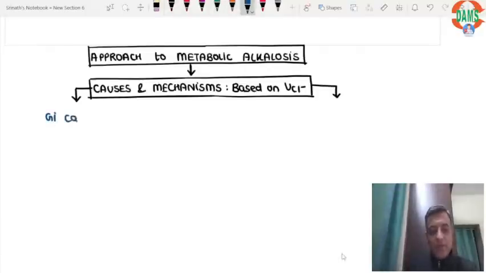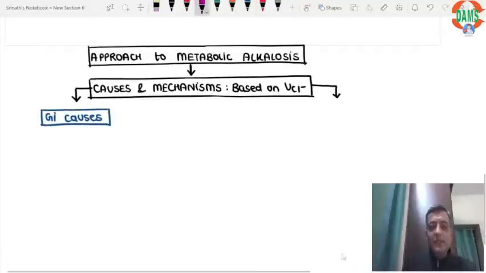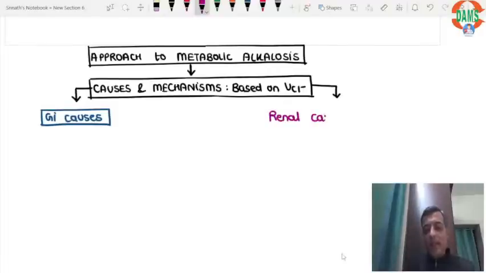We want to understand how we reach the diagnosis to differentiate between the GI causes and renal causes of metabolic alkalosis.